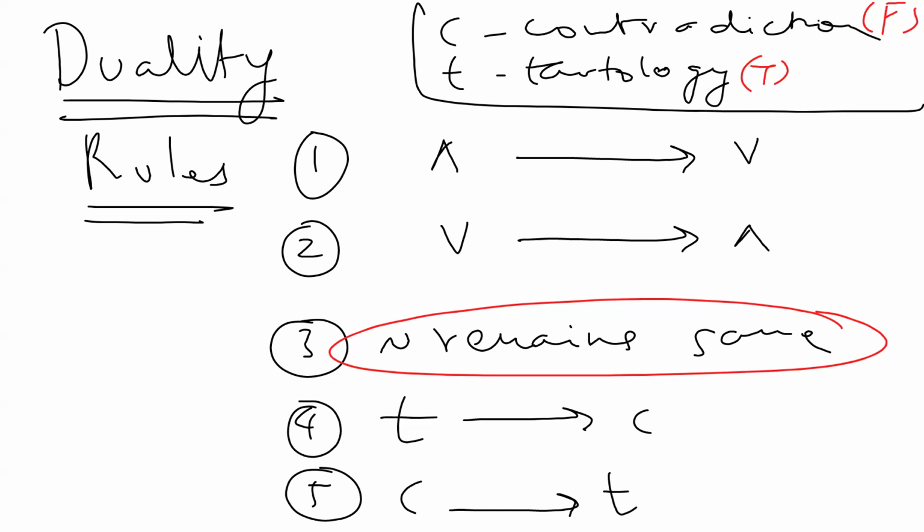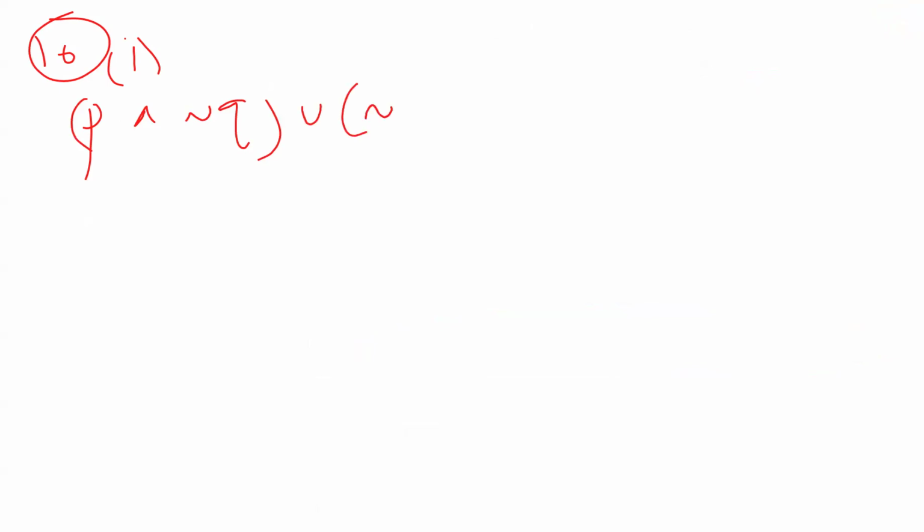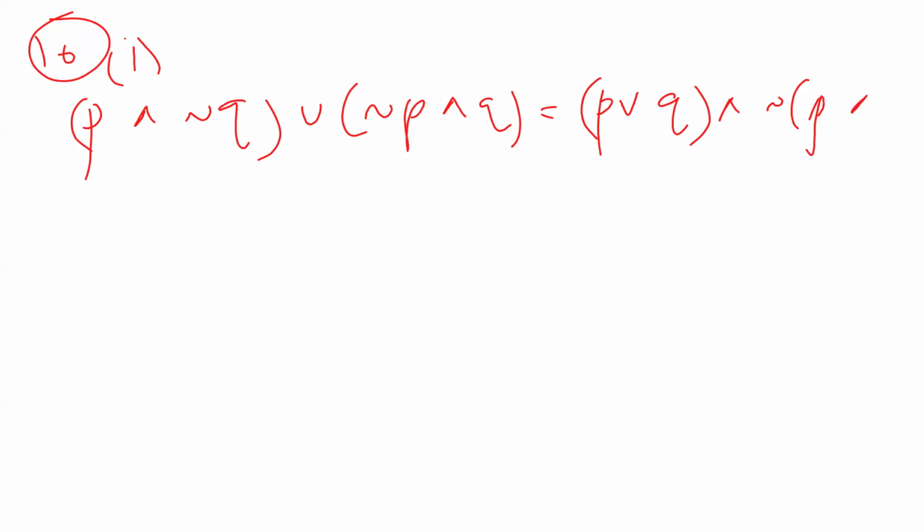Okay, page number 33, question number 16. Sub question 1. I'll write down the given statement: P and Q or negation P and Q equal to P or Q and negation P and Q. This is the given statement.